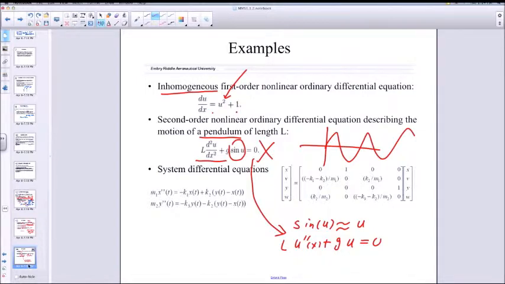So you got the 2 nonlinear equations, but all the previous 5 are single. You have only a single variable. How about the next one? Well, the next one you can write into 2 second order system equations. Now you got the word system. Most of the time we deal with the system.